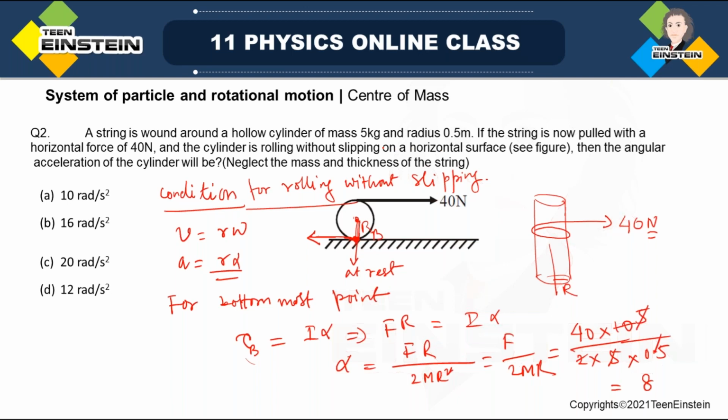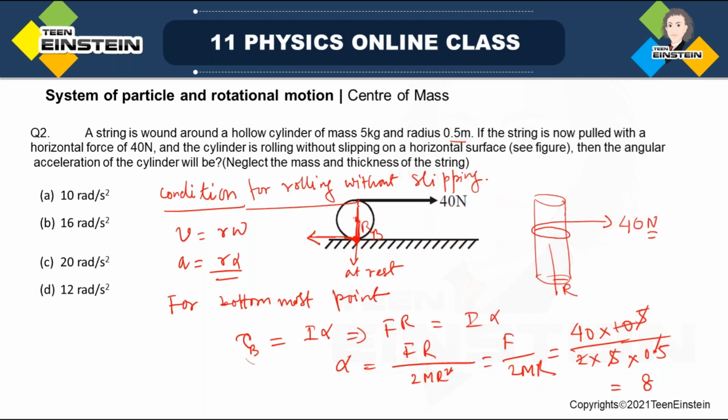F into R. F is actually 40 Newton. I think things are all right. Let me check once again. Torque. This is the radius. Oh, I am sorry.